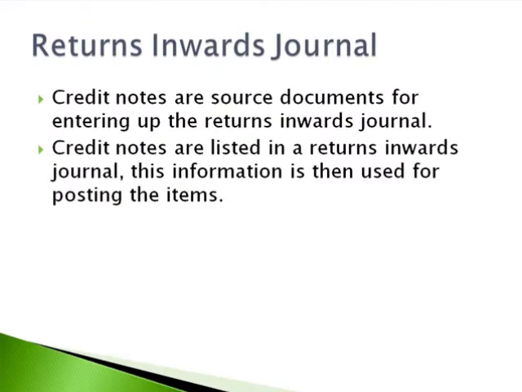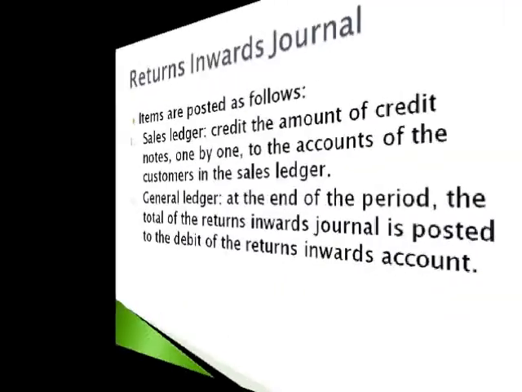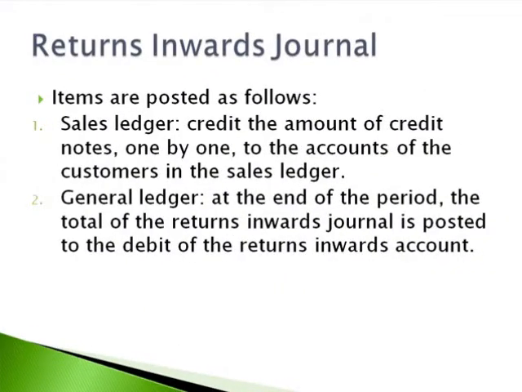As I said before, credit notes are source documents for entering up the returns inwards journal. Credit notes are listed in a returns inwards journal. This information is then used for the posting of items. Now, items are posted as follows.